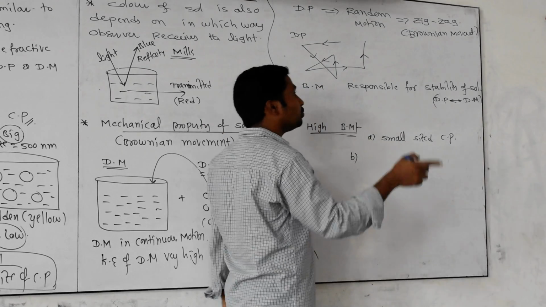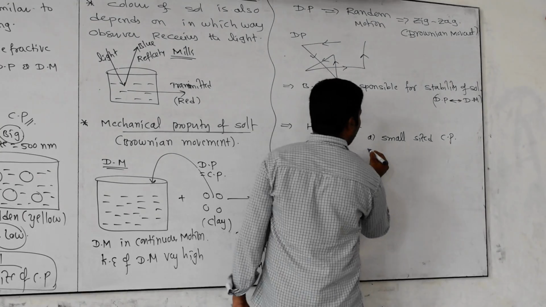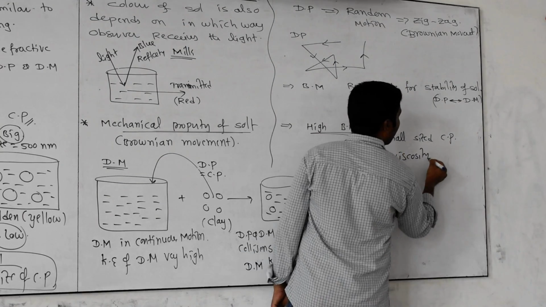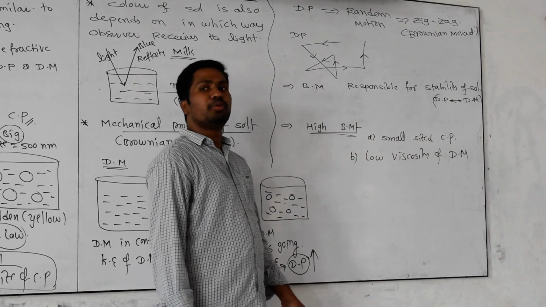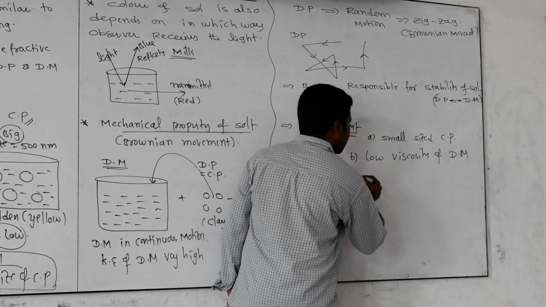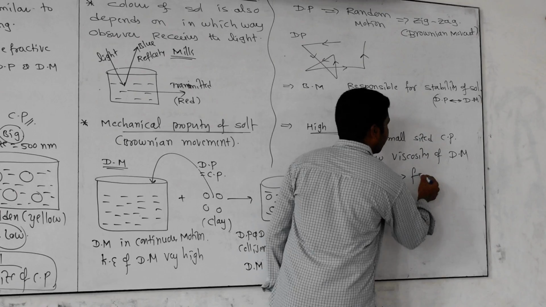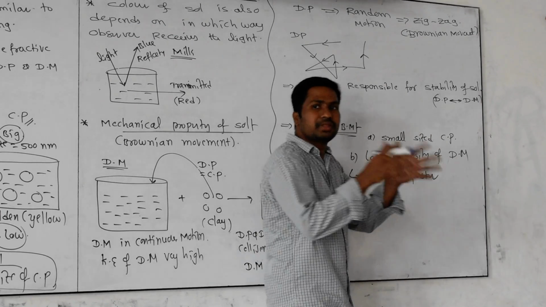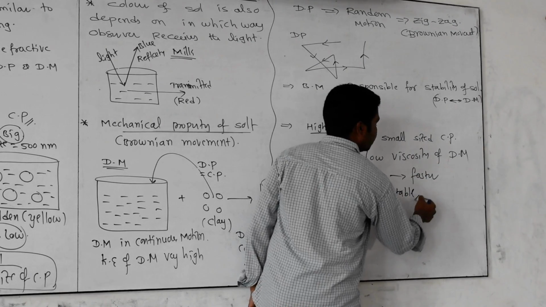That's why we want low viscosity of the dispersion medium. Then the Brownian momentum is high, which means colloidal particles move very fast. Very fast means indirectly they have much interest to stay with the dispersion medium. Then they become very stable.